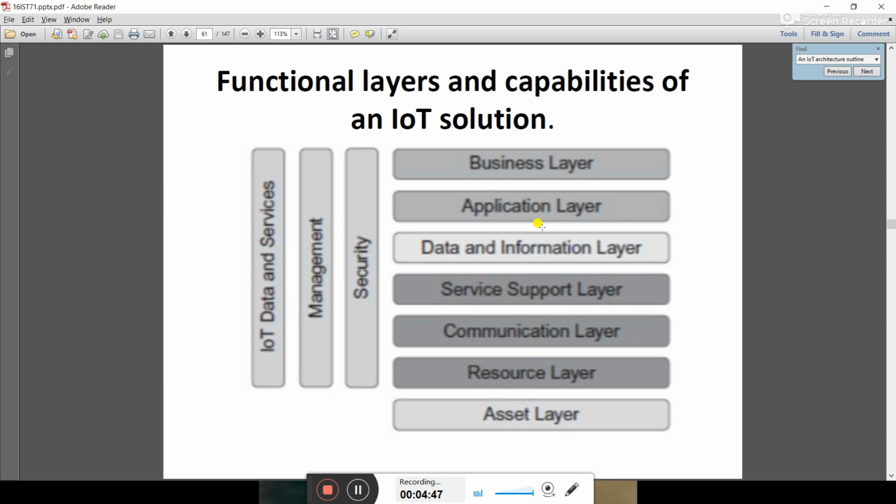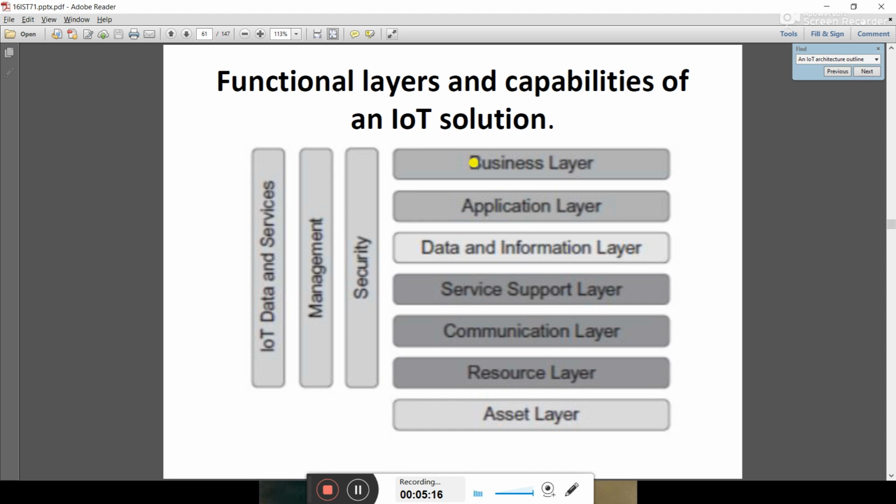Now, the functional layers and capabilities of an IoT solution. Here are the functional layers which are important to discuss: IoT data and services, management, security, the business layer, the application layer, the data and information layer, the service support layer, the communication layer, the resources layer, and the asset layer.